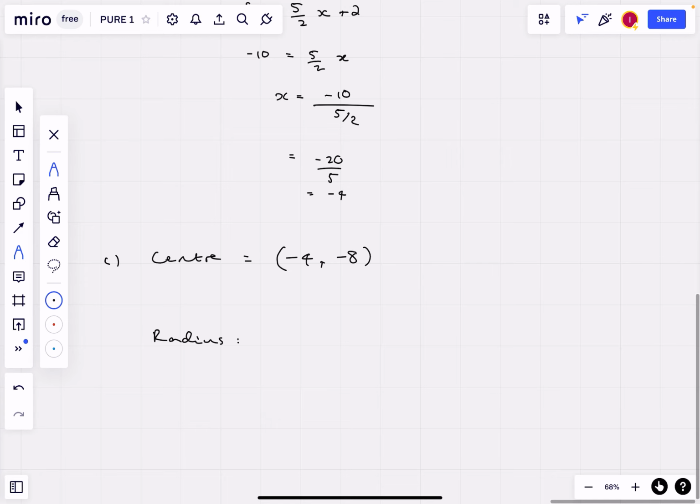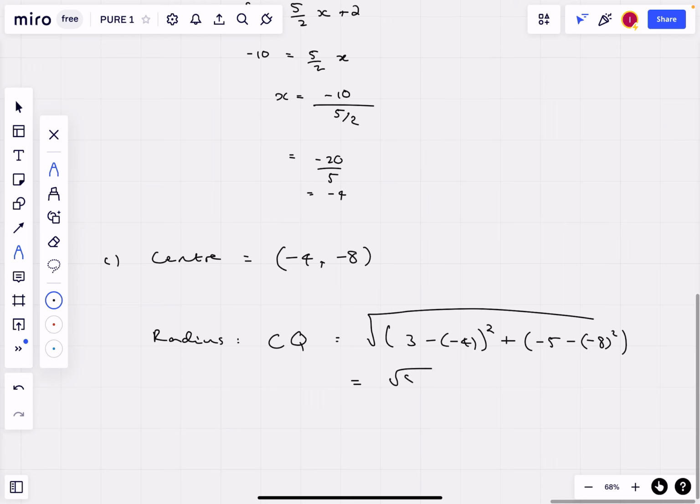I'm going to go with CQ. So square root of change in x, which is going to be 3 minus minus 4 all squared, plus change in y, minus 5 minus minus 8 all squared. When you simplify that, you get root 58. And remember, that is just r.